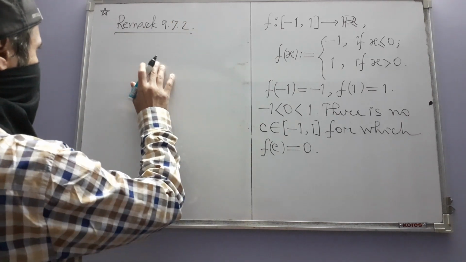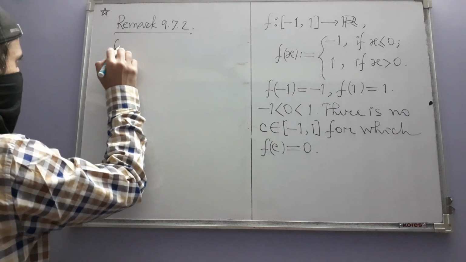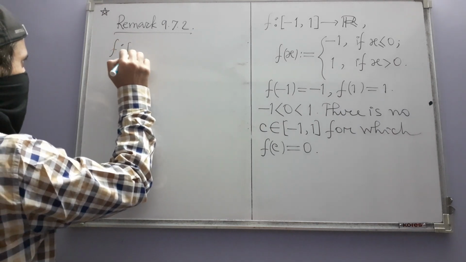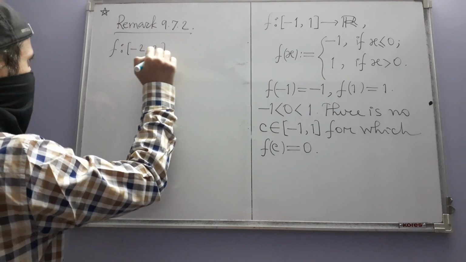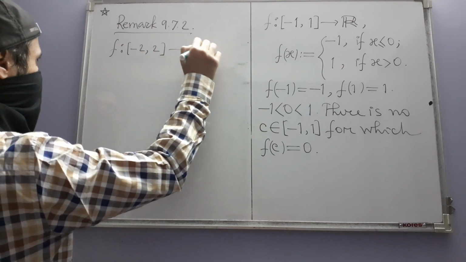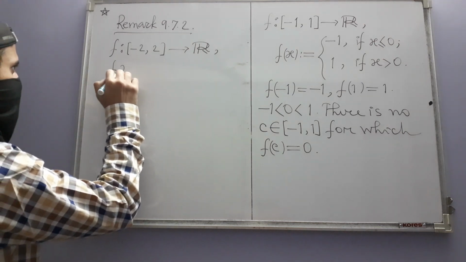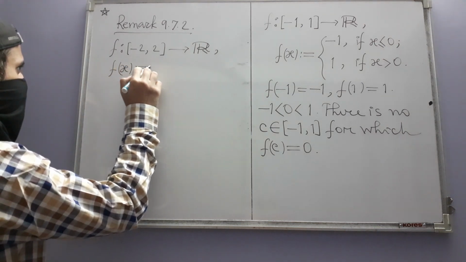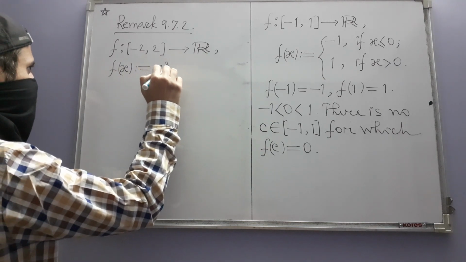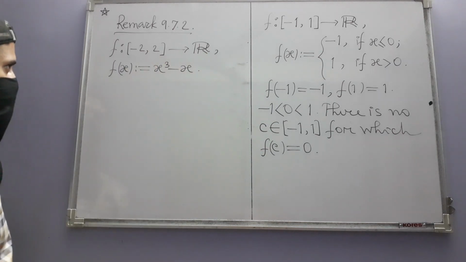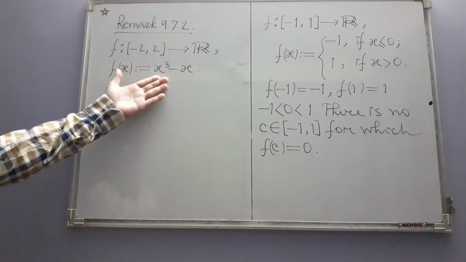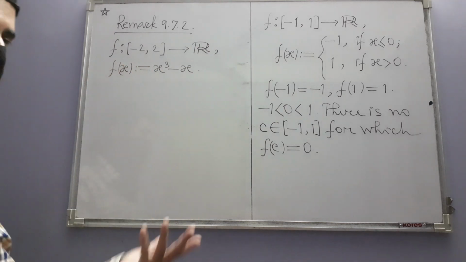For this remark, we consider this function from [-2, 2] into R, and the rule for the function is x cube minus x. It's a polynomial function, so we know that it's continuous.